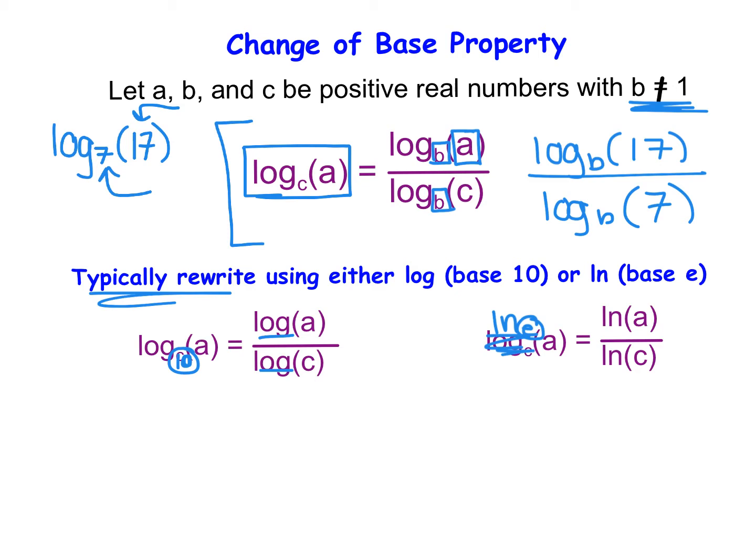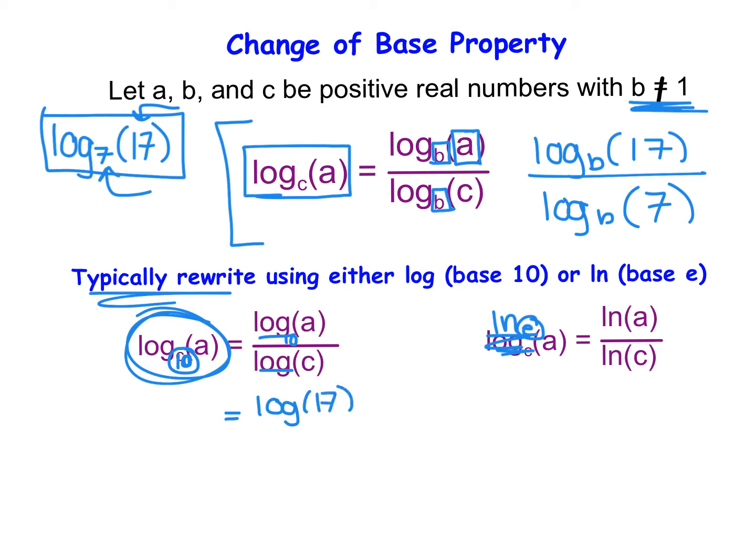So here, let's rewrite it into this type of log, just to prove to you that it'll work regardless of what you use. So here we have log base 7 of 17. We're going to rewrite this as log. This is going to be log base 10, remember, because we're not putting the subscript there. So it's going to be log of what's on the inside, which is 17, divided by log of what's in the base, which is 7.